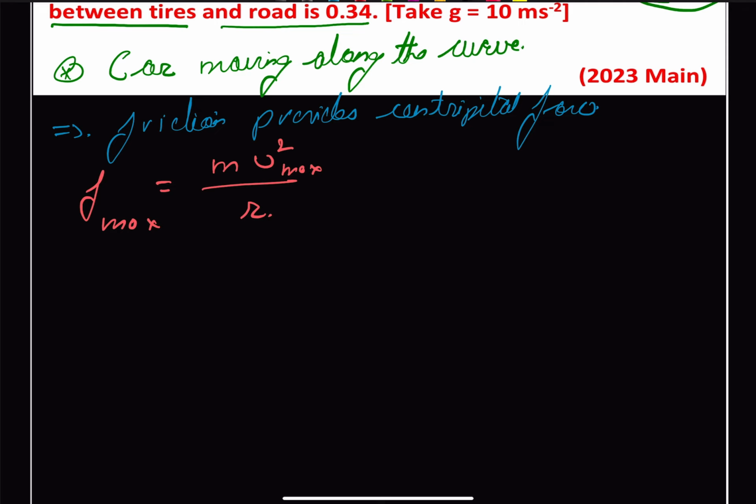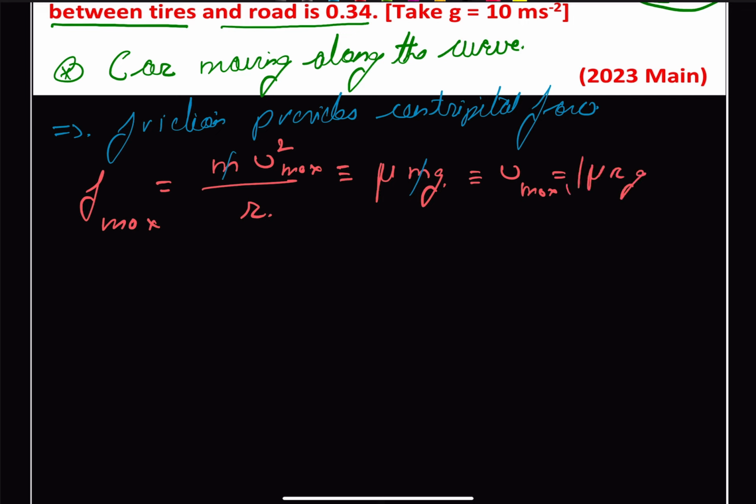And in general, the formula for the friction we know is given as mu times the normal, and that will be equal to mu times mg. And we are interested in maximum velocity, so we can say our Vmax will be equal to, mass cancels out, so this comes as the square root of mu rg.